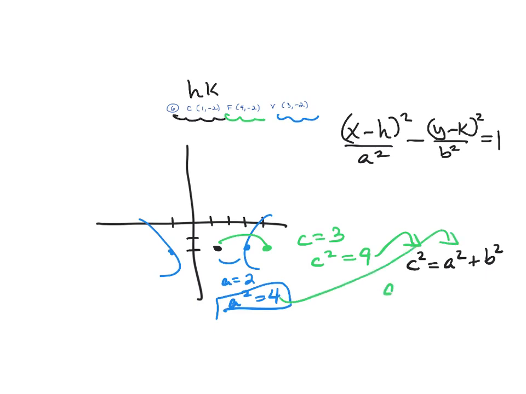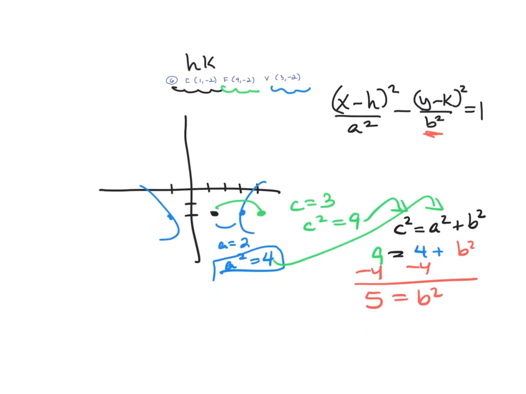So 9 equals 4 plus b squared. I'm going to move the 4 over to isolate b squared, and b squared equals 5. Again, that's what I wanted, so I don't square root anything. So now let me go back. I need to replace h, k, a squared, and b squared, and then I'm done.